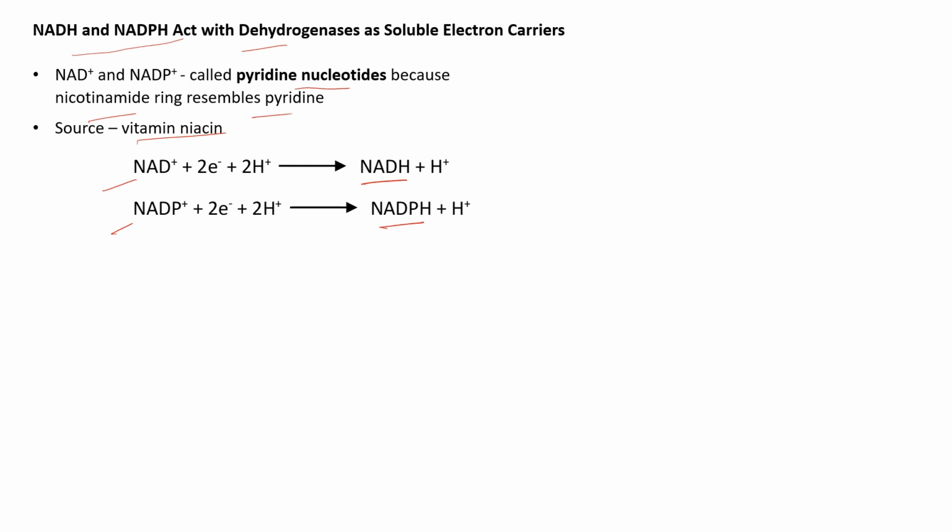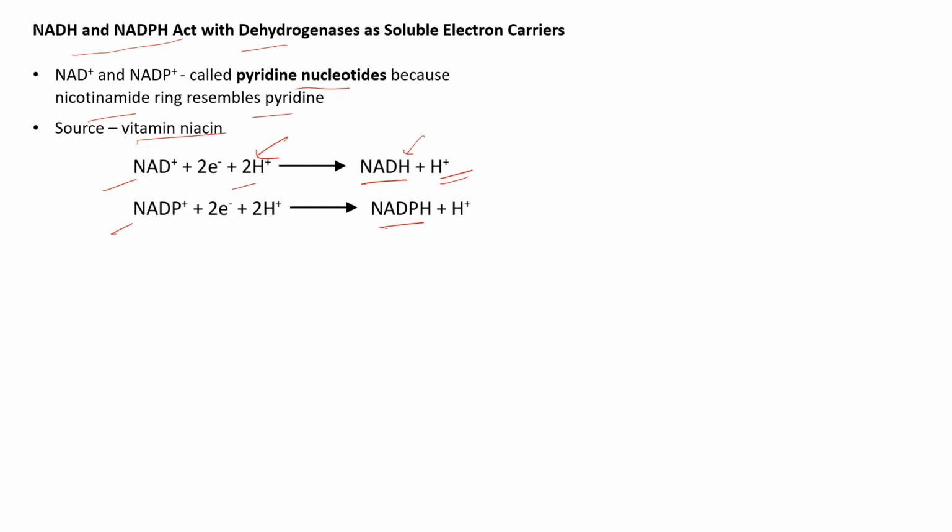Because they contain H. So NAD plus accepts one H from the substrate, because here you see 2H, it gained 2H from the substrate, but with NAD only 1H is getting attached. So 1H is released in the aqueous environment.